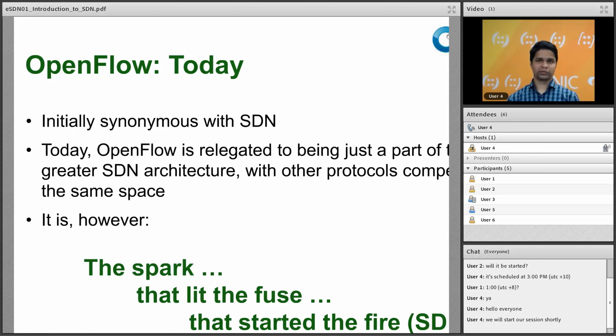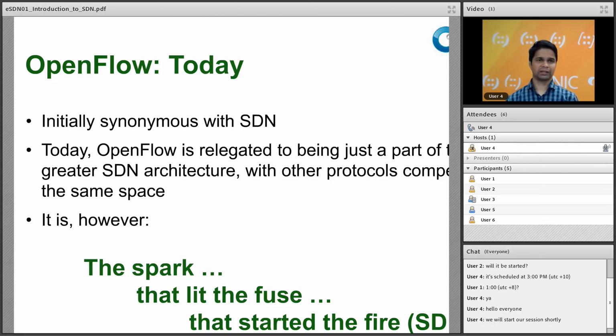Today's OpenFlow is just a part of the greater SDN architecture, with other protocols competing with it and also completing it. It is, however, the spark, the lead of the fuse that started the fire, and that is SDN.